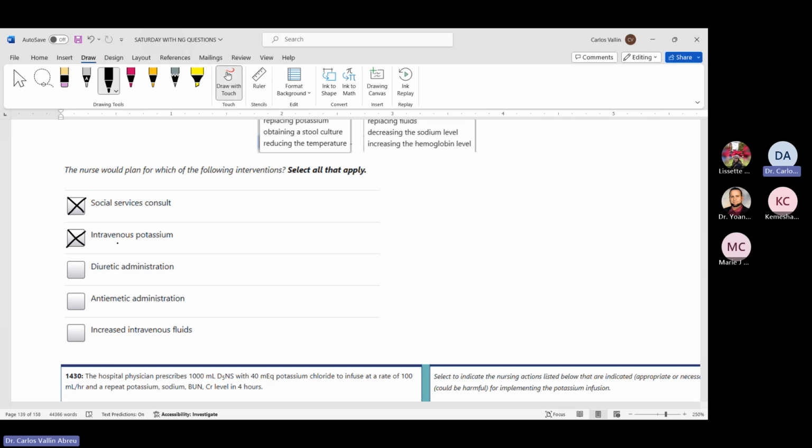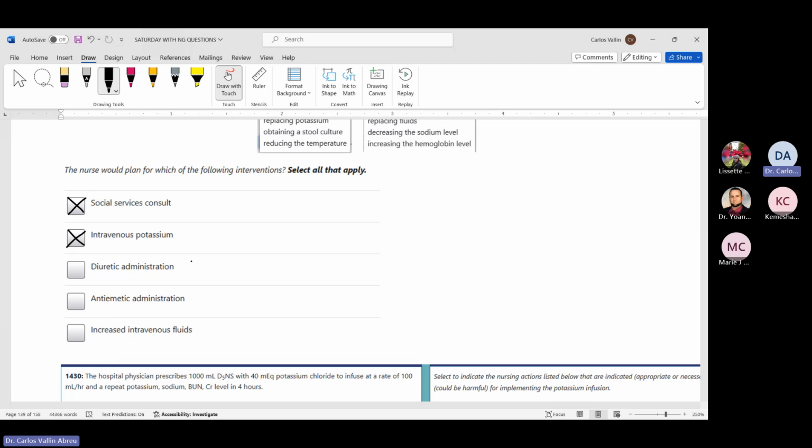Why? Because the client is first of all already having signs of cardiac toxicity in the EKG from the low potassium. This potassium needs to be corrected as soon as possible. Second, the client is having some intolerance to oral intake, not consuming enough food. So the best is to correct that with IV potassium.